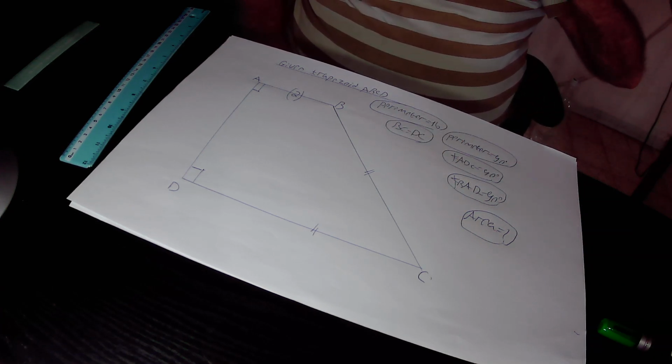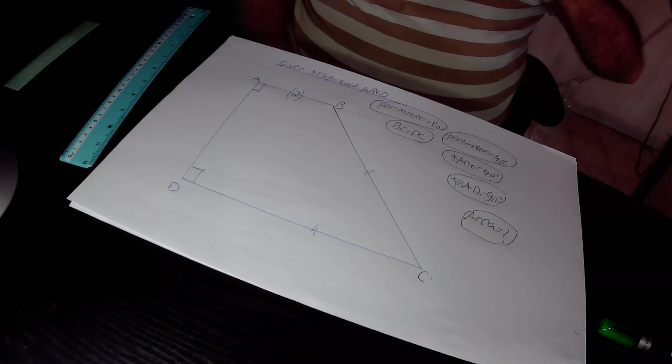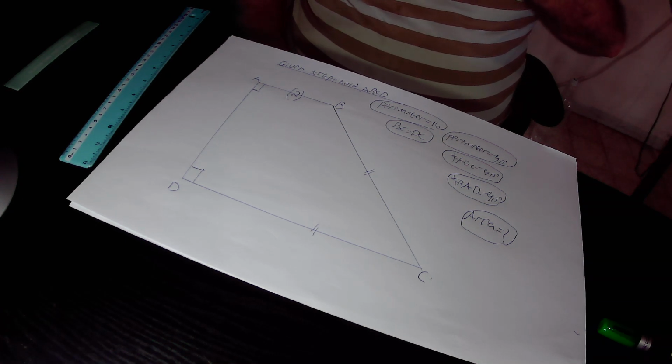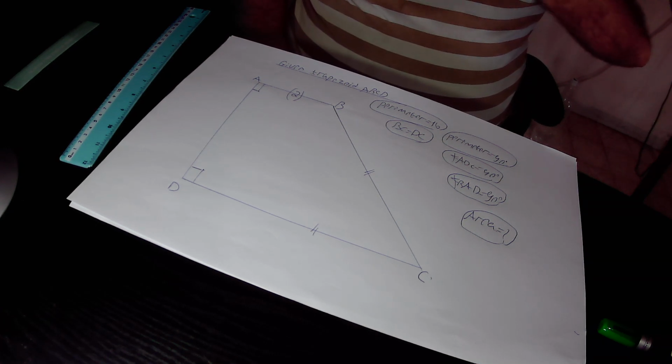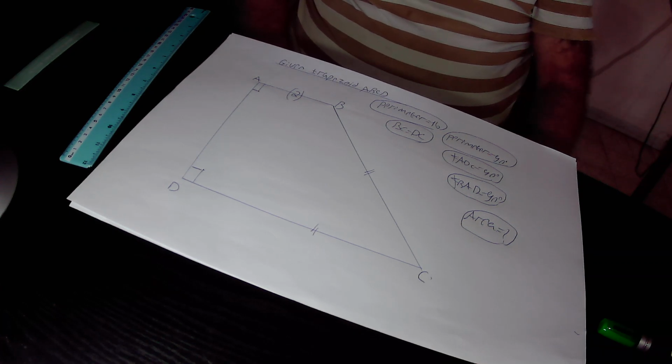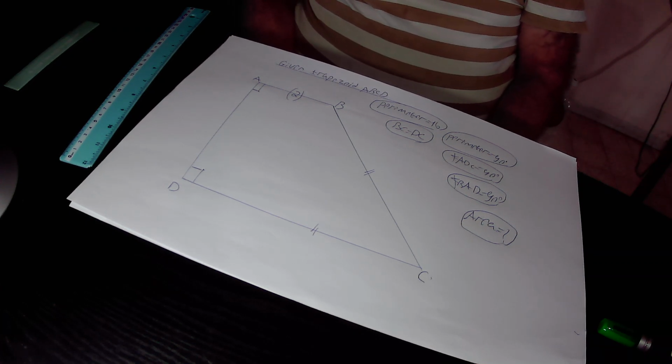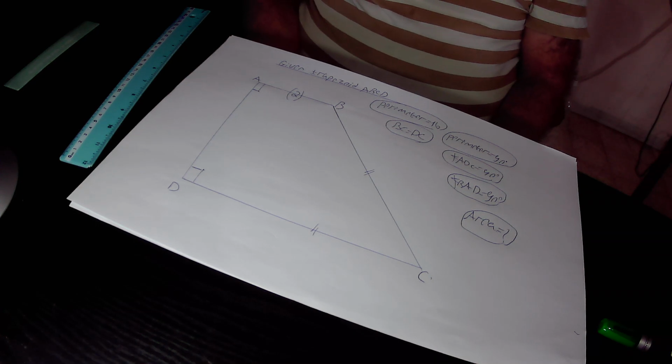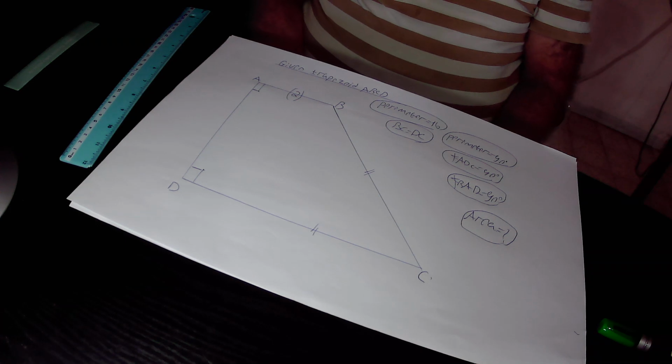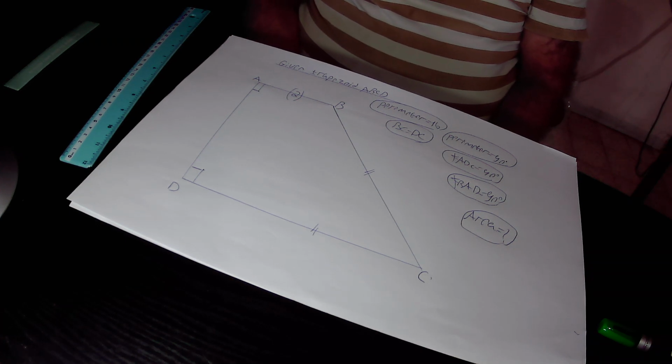The most important thing that we know is that the perimeter of trapezoid ABCD is equal to 16 units. Actually, a perimeter is the sum of the lengths of all the sides of trapezoid ABCD.